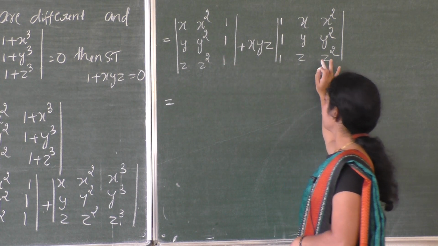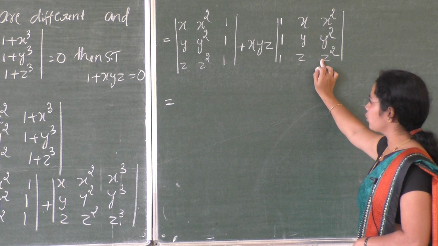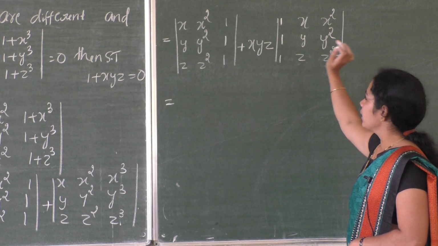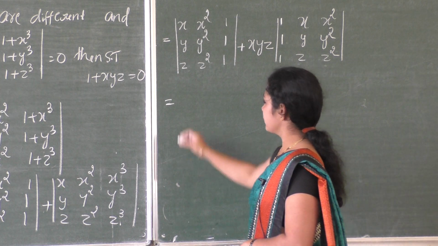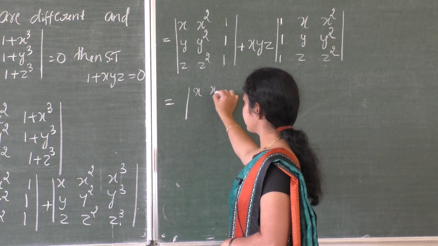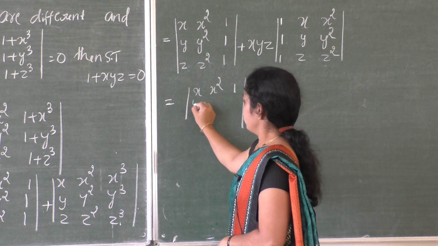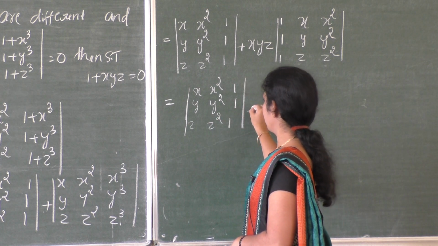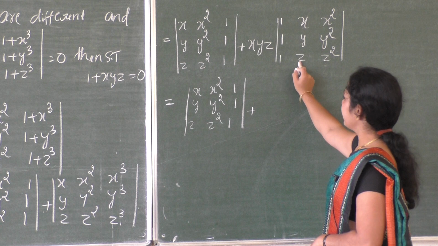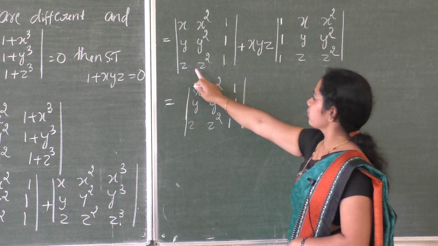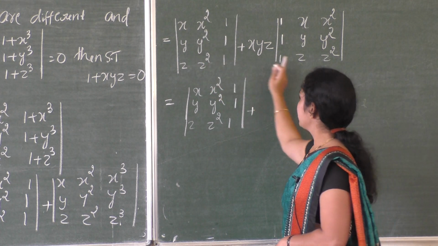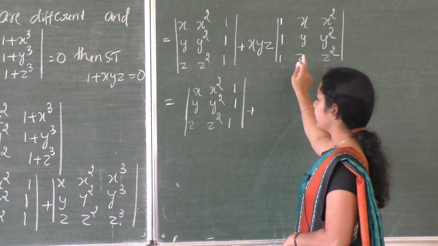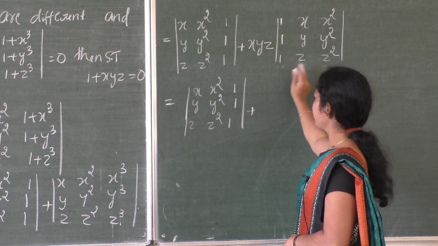Here, if you interchange any two columns or any two rows of the determinant, by the second property, the sign of the determinant changes. So, the first one written as it is, x, x square, 1, y, y square, 1, z, z square, 1 plus, see, we need to get x, y, z in the first column, so interchange the second column and first column in the second determinant.